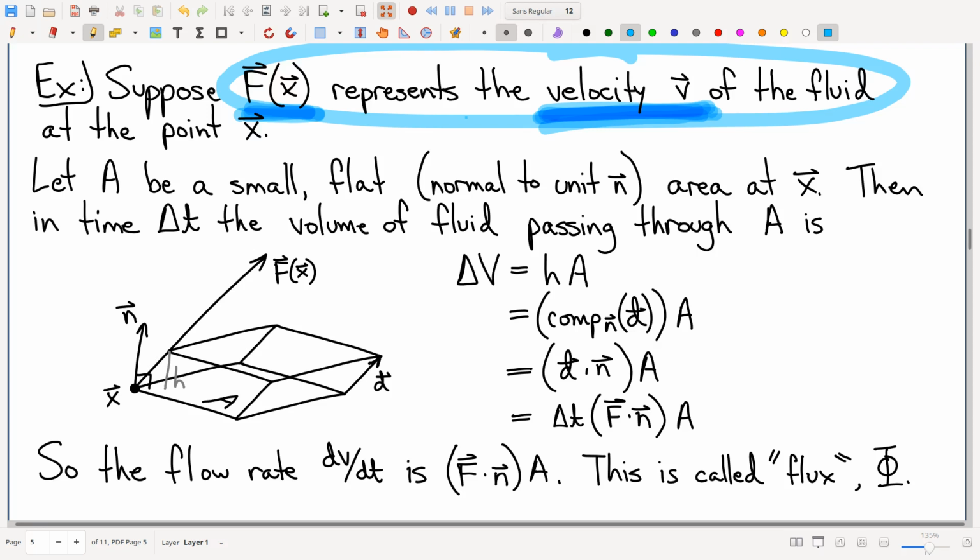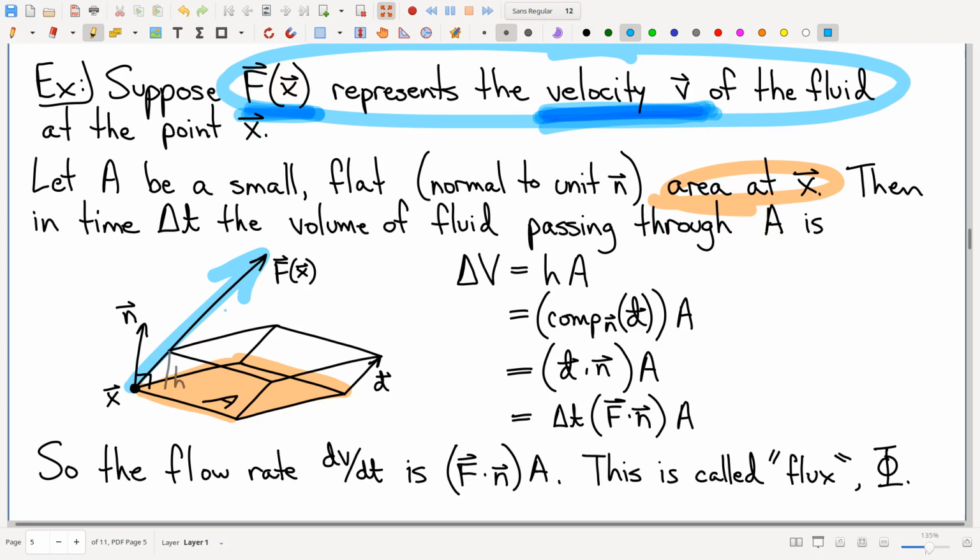A reasonable question that I could ask is, given some area, some little flat surface like this, and given that the fluid is flowing, like so, let's assume, by the way, that our area is not a solid. Don't think tabletop. Think like a screen, something that's permeable, something that air can pass through.